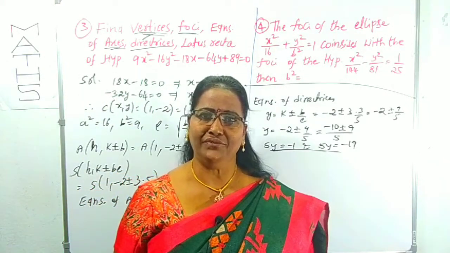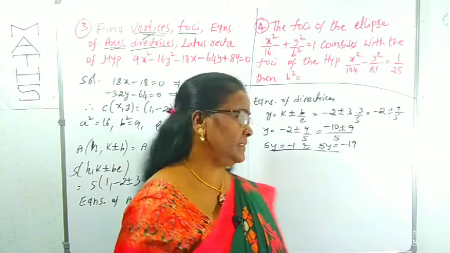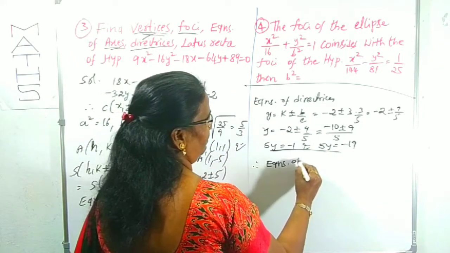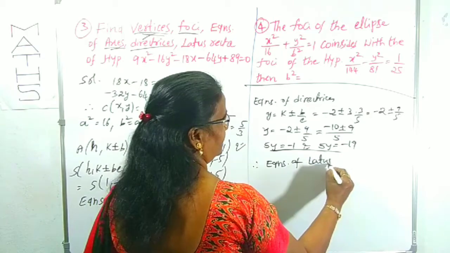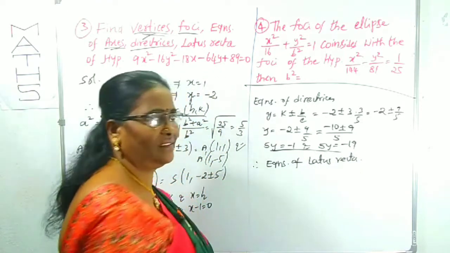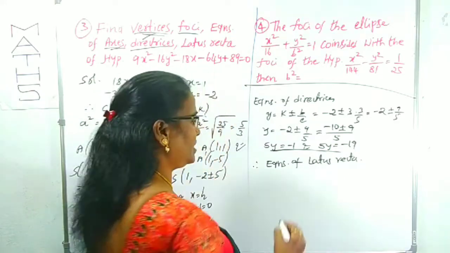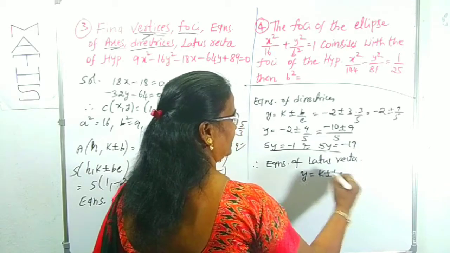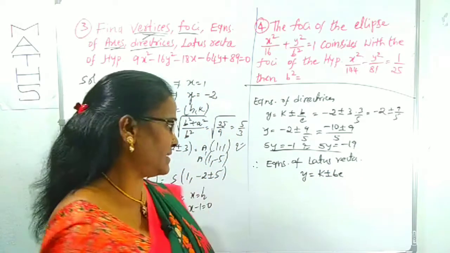Now, equations of latus recta. What are the equations of latus recta? In case of conjugate hyperbola, y = k ± be.